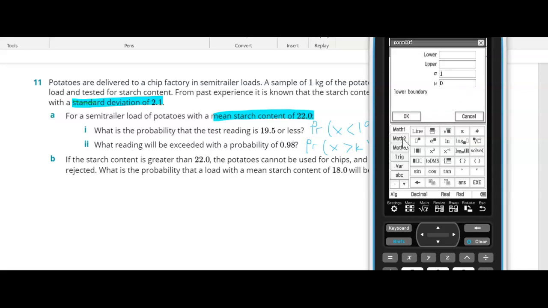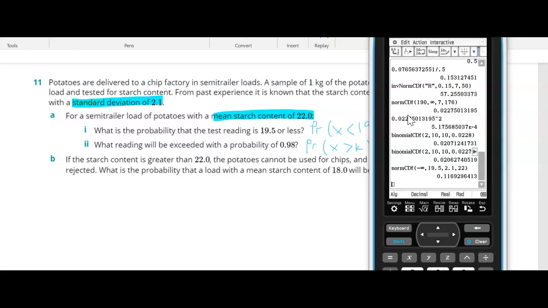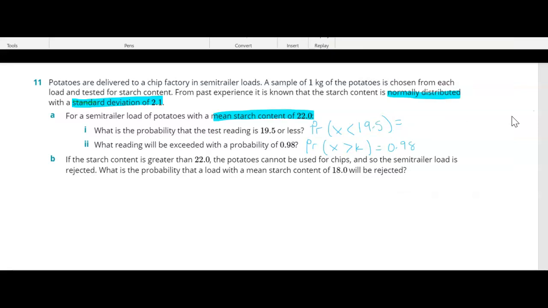So our lower limit is going to be negative infinity, and our upper limit is 19.5. Our standard deviation is 2.1 and our mean is 22. Okay, so we've got 0.1169.